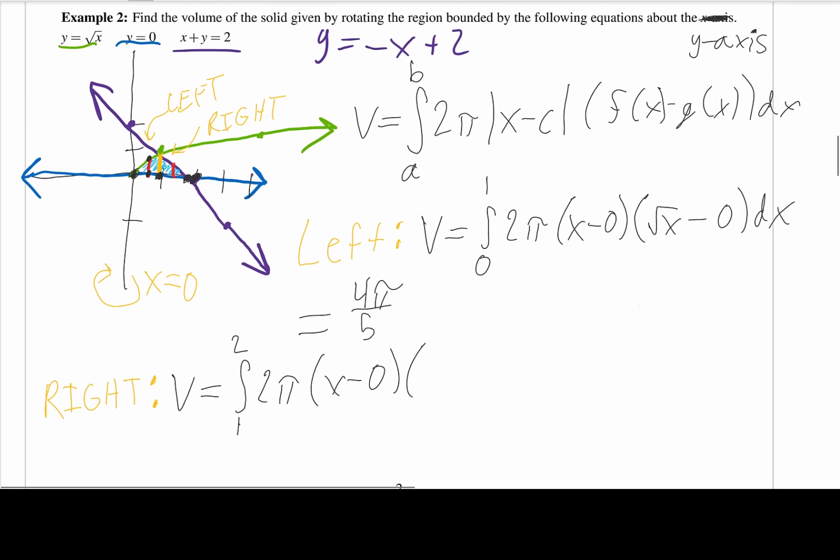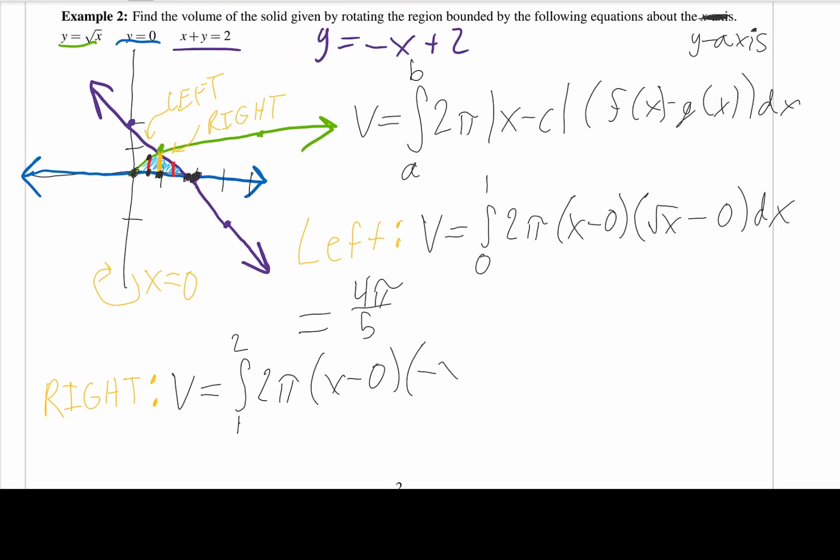So that's going to be, our top curve is negative x plus 2 minus the bottom curve, which is 0, dx. Now, this one, we'd pull out our 2 pi, distribute out, and then we'd have 2 power rules to integrate and then evaluate afterwards. When we do that, we would get 4 pi over 3.